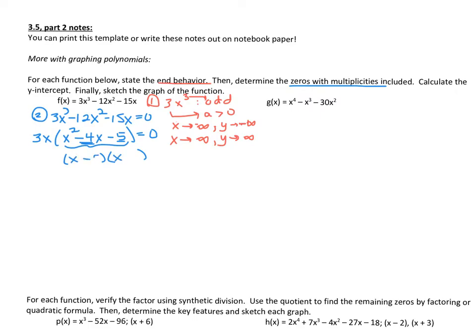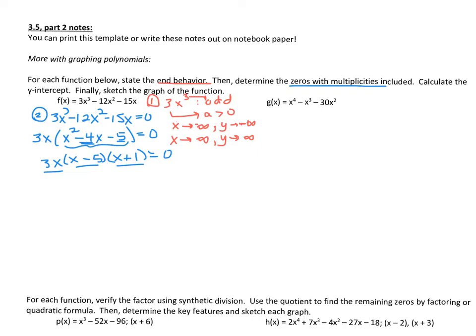And if we have minus 5 and plus 1, negative 5 plus 1 would give us that negative 4 for the x in the middle. And negative 5 times 1 would get negative 5 for that constant at the end. Keep in mind we have 3x on the outside. That's all equal to 0. That's our factored form.